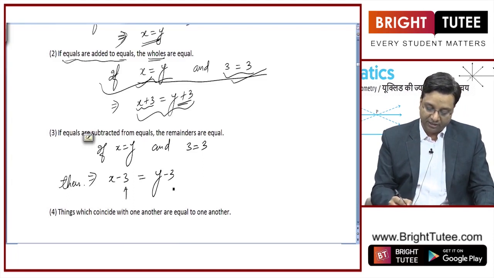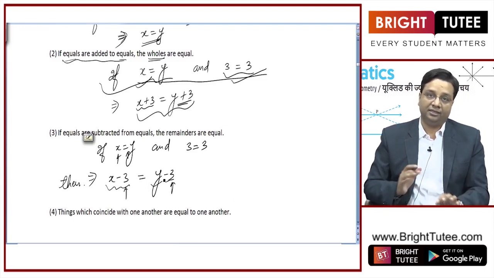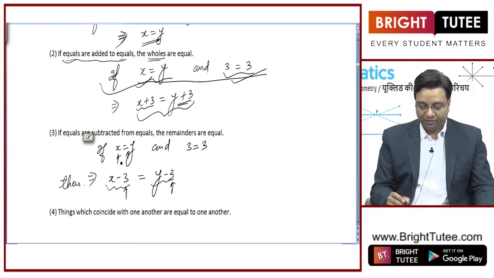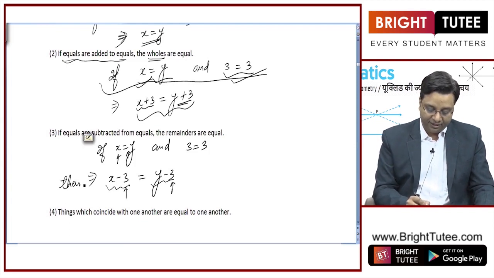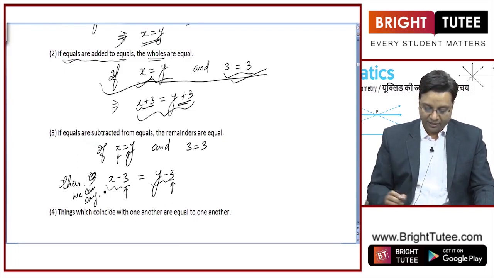So, equals are subtracted from equals, and the remainders, that is x minus 3 and y minus 3, are equal.